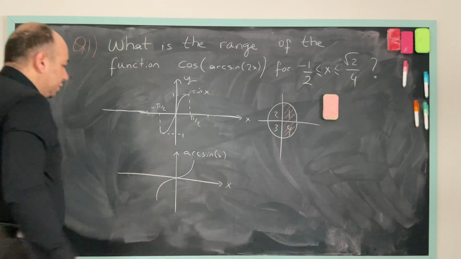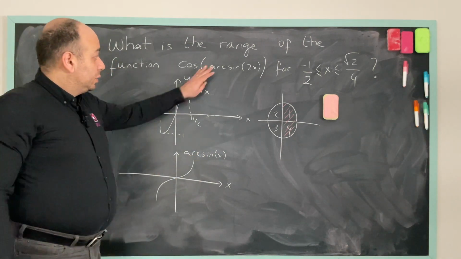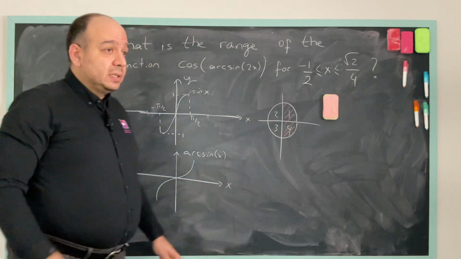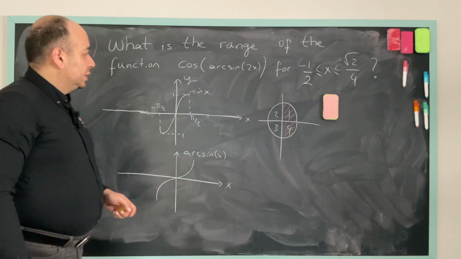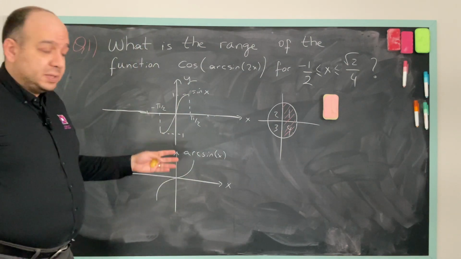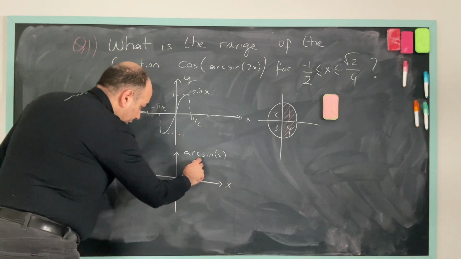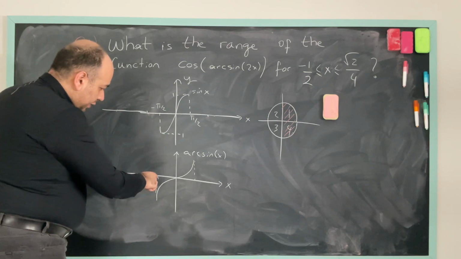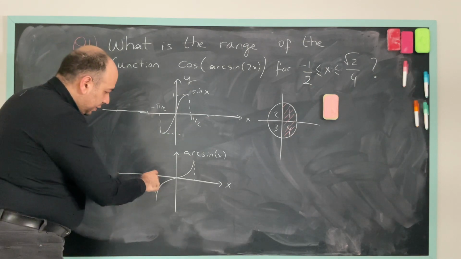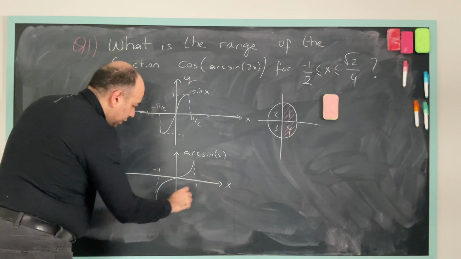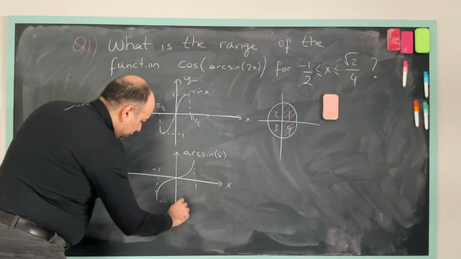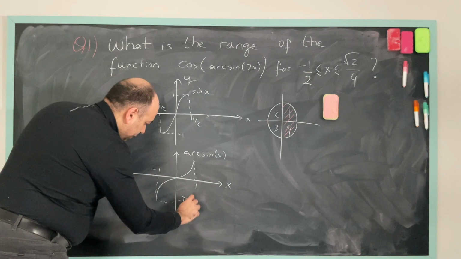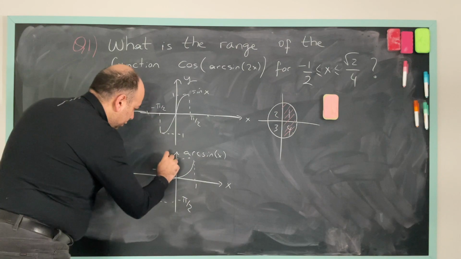So it's always a good practice to remember the plots of the inverse sine function, inverse trigonometric functions in general, to solve these problems. So the domain of this guy is from minus 1 to 1, and this goes from minus pi over 2 to pi over 2.